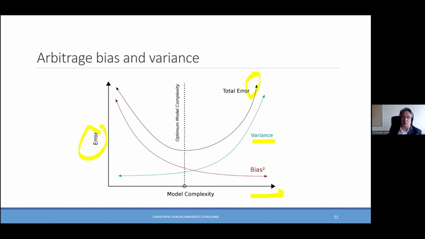If I consider a model which is too simple, I also have a high total error, but in this case due to high bias. And the idea of machine learning is to find an optimal complexity, to minimize the total error by considering a model that has a low bias and a low variance.